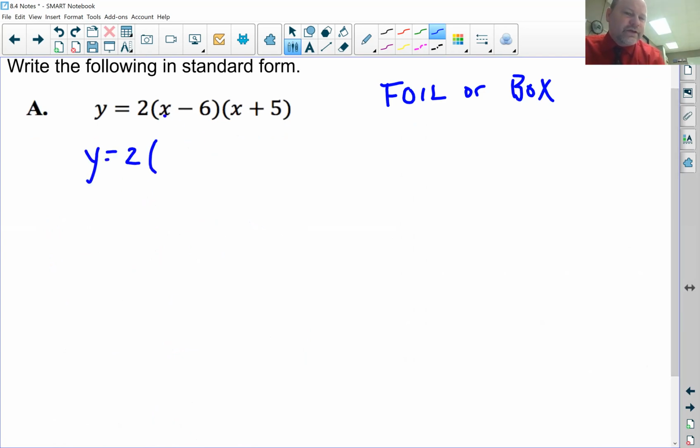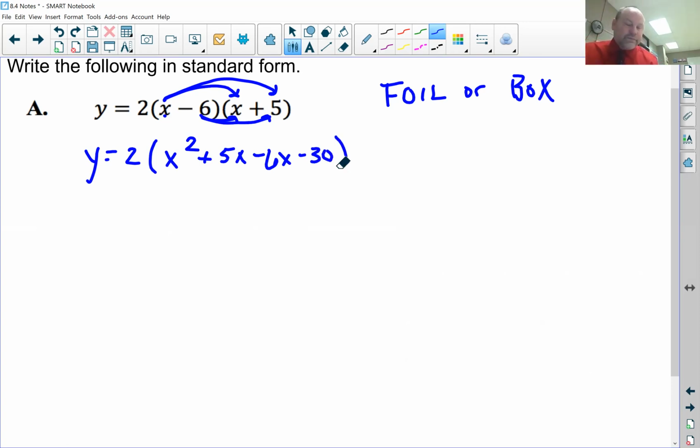So we have x times x, that's x squared. X times 5, that's plus 5x. Minus 6 times x is minus 6x. And minus 6 times 5 is minus 30. I would then combine my like terms. X squared. 5x minus 6x is minus 1x.